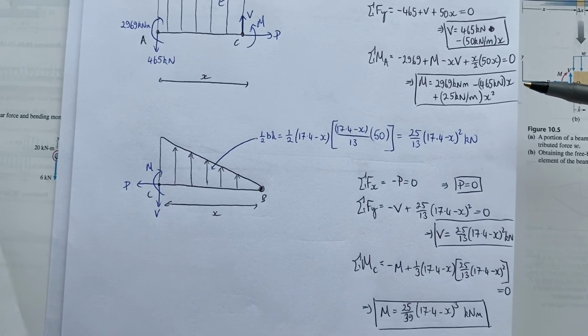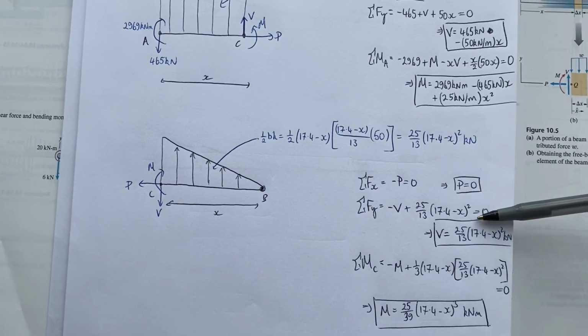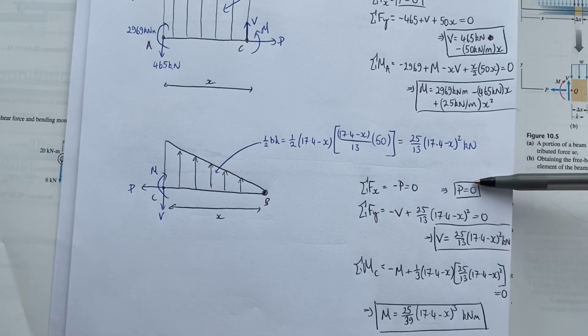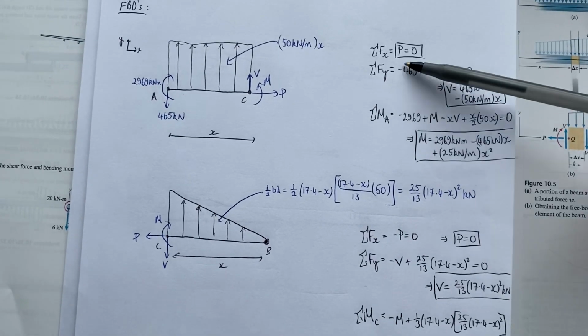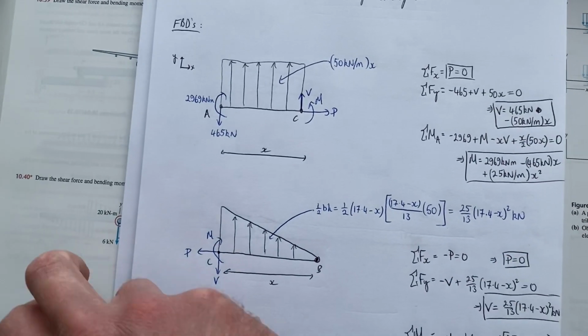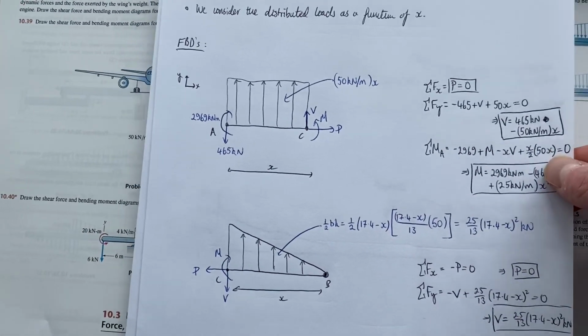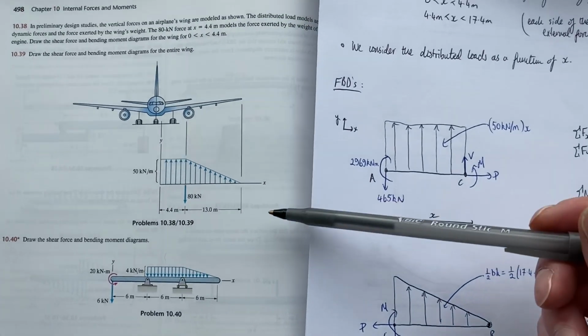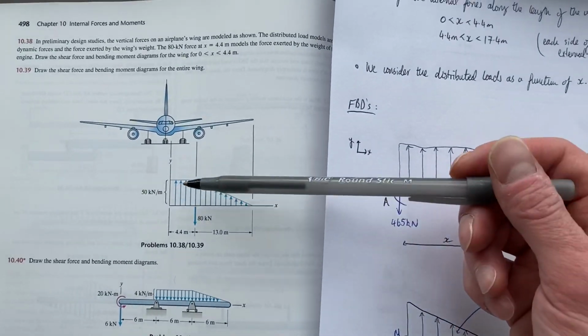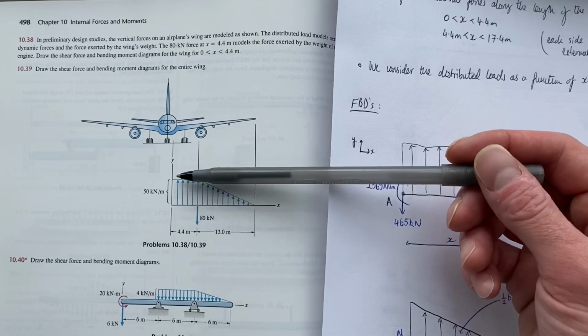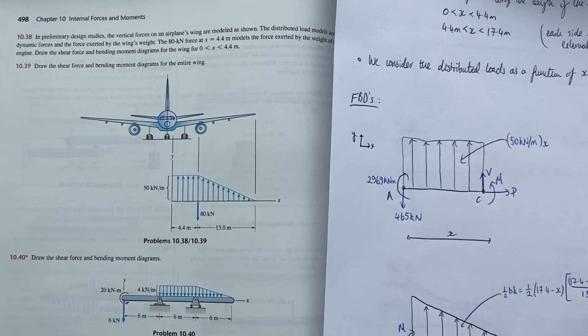And now what I have is, so the axial force is always 0, right? And that should be obvious from the initial question again, because we have no parallel forces. All of the forces that we're dealing with here are perpendicular to the wing.